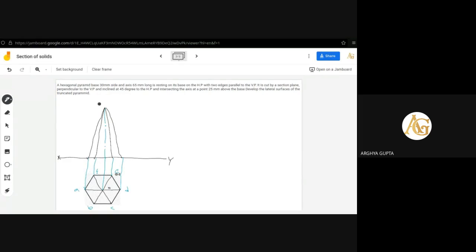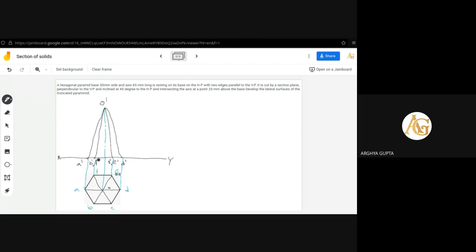So this is A dash. This point, we have already known this. We have done the solid projections. So B dash, A dash. Next, C dash, E dash. Next is G dash. So we have obtained the front view of all the slant edges.